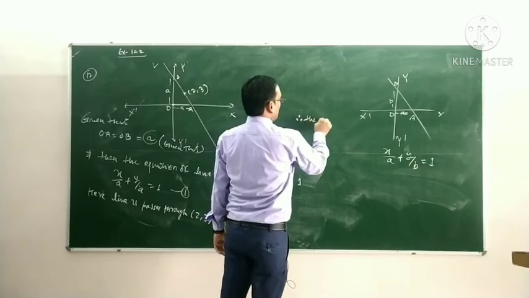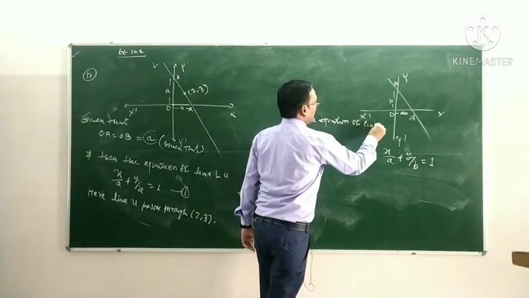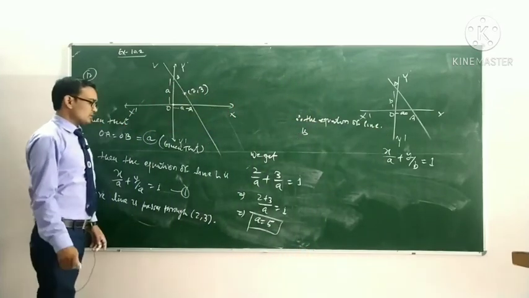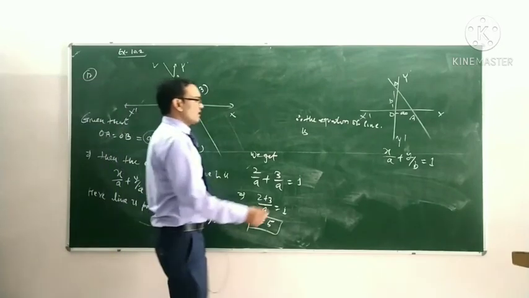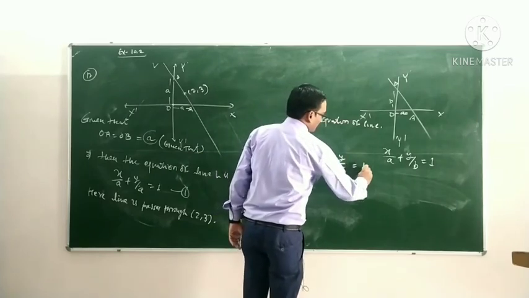Therefore the equation of the line is, we put the value a equal to 5 in equation 1. Okay students, x upon 5 plus y upon 5 equal to 1.